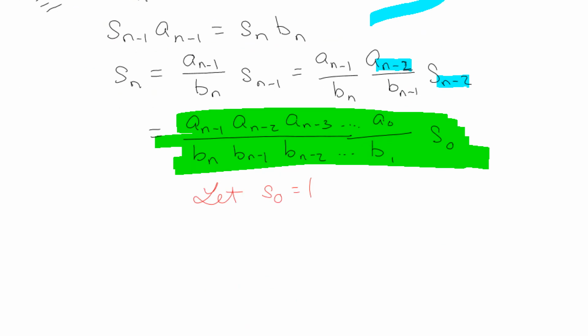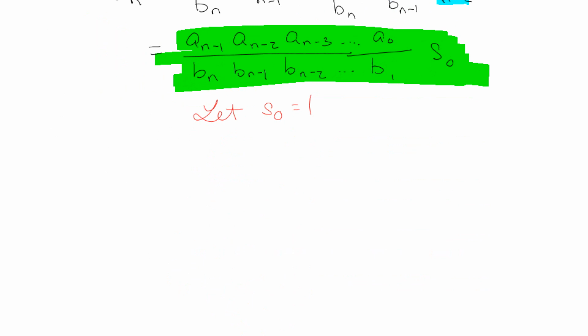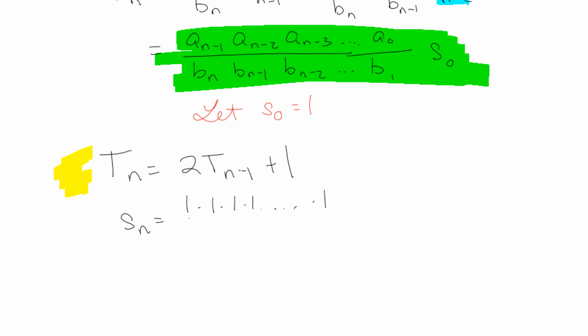So like a minute ago when we had the Towers of Hanoi problem, we went through here and we said, okay, so we had t sub n is equal to 2 t sub n minus 1 plus 1. So our little s sub n, remember an is the coefficient on the first term here. This is our an right here. Now those are all just 1, so we had 1 times 1 times 1, all the way down to 1.